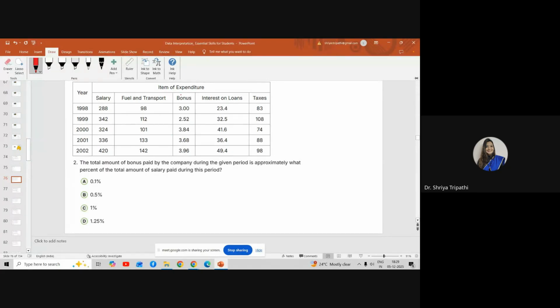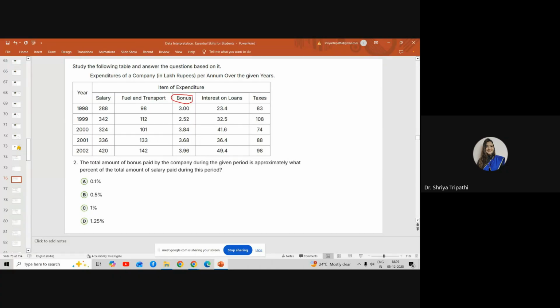The total amount of bonus paid by the company during the given period.